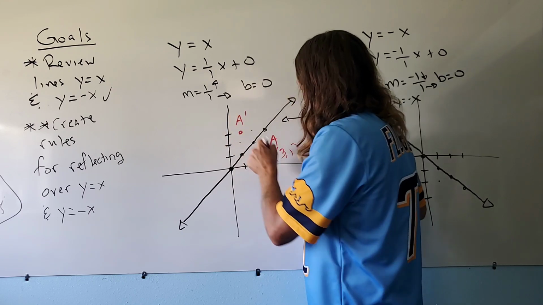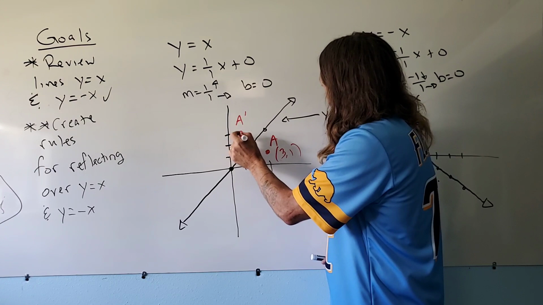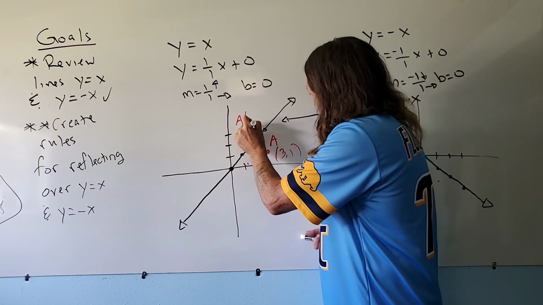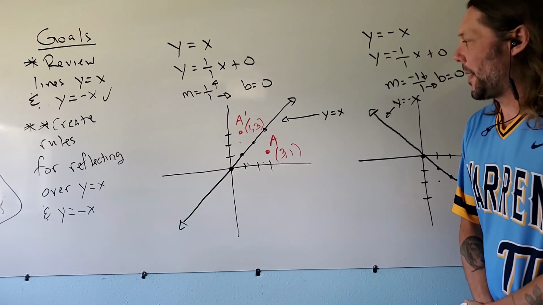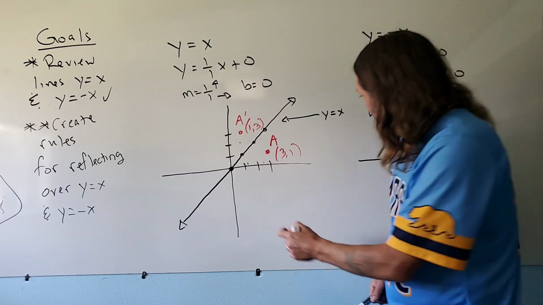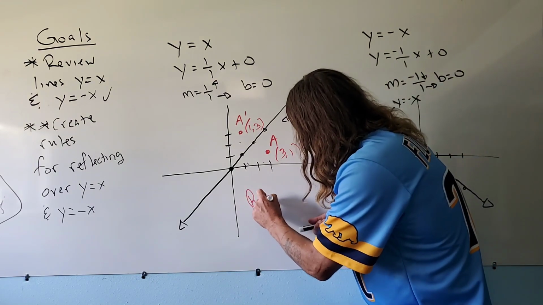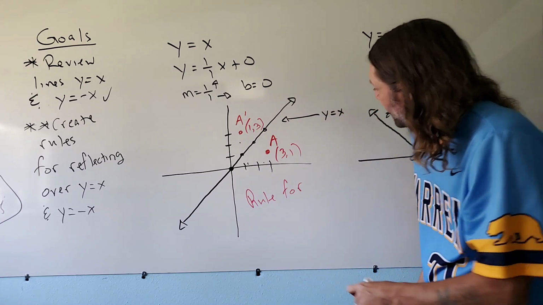So the image from the pre-image, A prime, would have the coordinates of 1, 3. So we can very quickly create a rule for reflecting over y equals x.